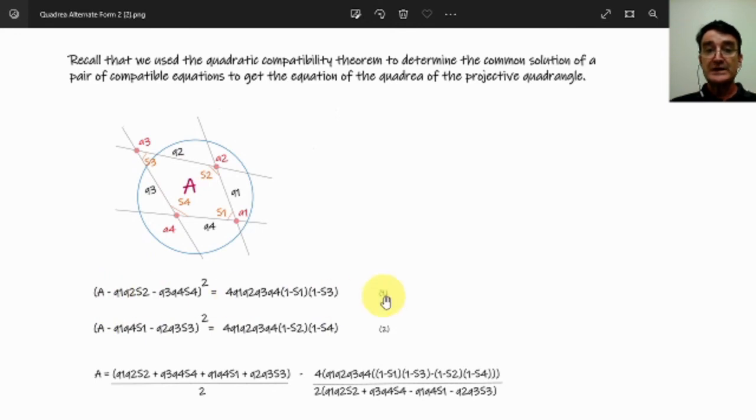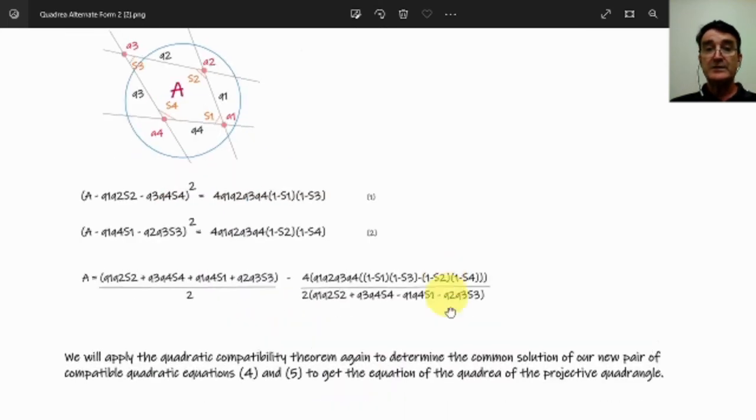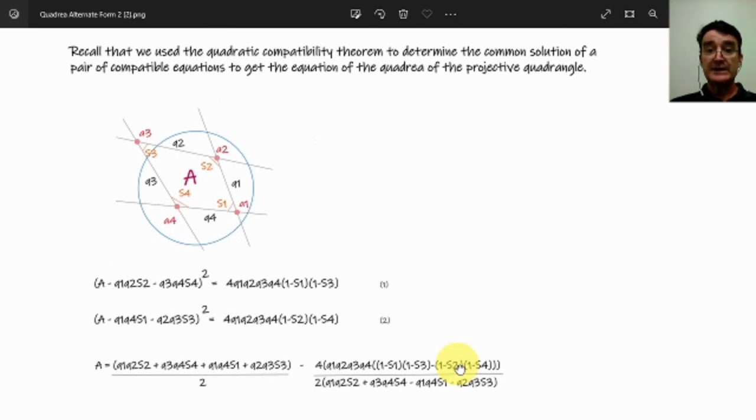And these two quadratic equations turned out to be compatible, meaning they had a common solution for A. And when we applied the quadratic compatibility theorem, which is theorem 1 in the book Divine Proportions, Rational Trigonometry to Universal Geometry, we got this expression here for A. And you'll notice there are no square roots in this equation because that's what the quadratic compatibility theorem gave us.